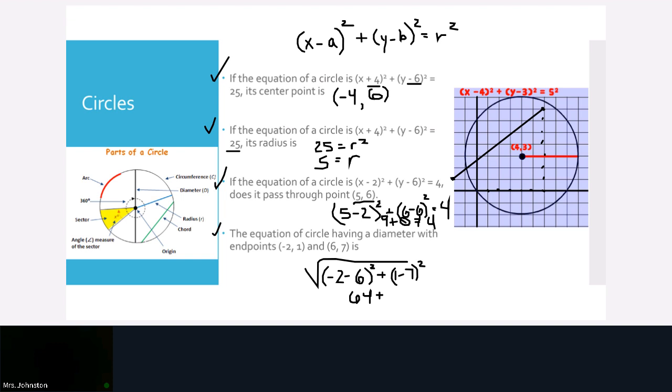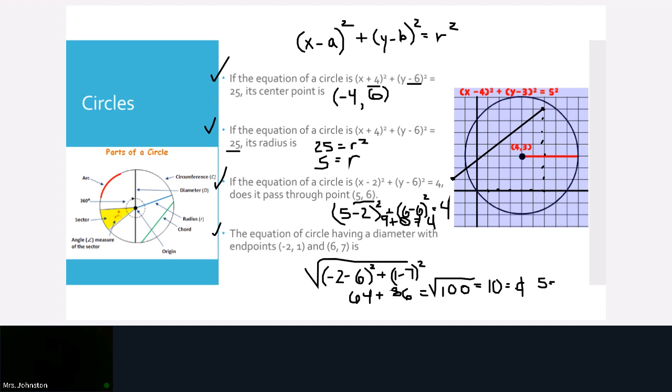And 1 minus 7 is -6, and that squared is 36. 64 plus 36 equals 100. And the square root of 100 is 10. So the diameter equals 10, but that means the radius equals 5.